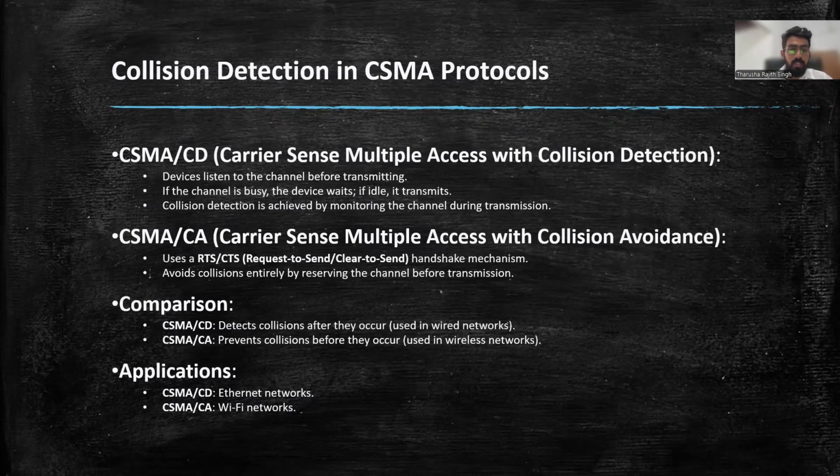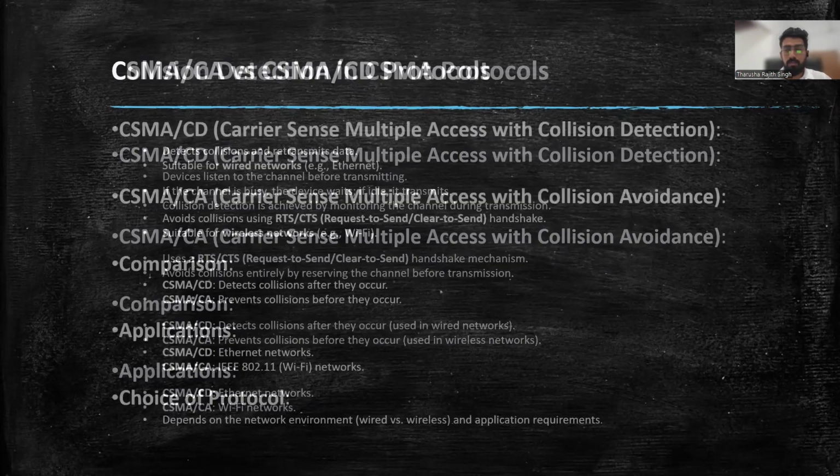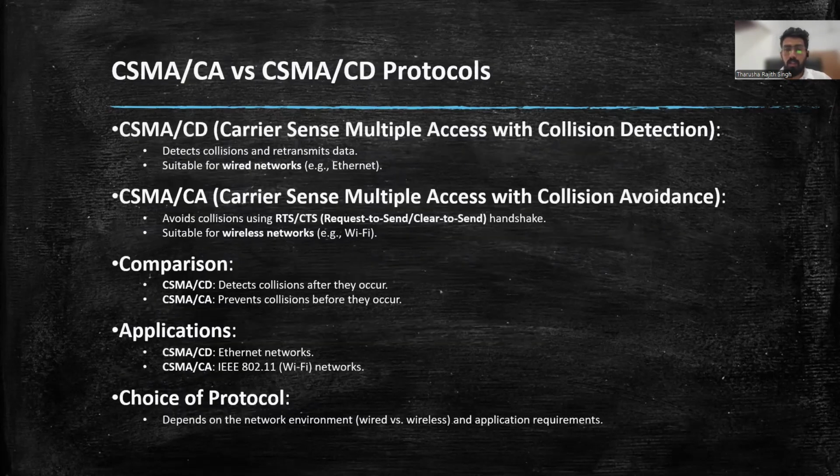But CSMA-CA, that means carrier sense multiple access with collision avoidance, is used in wireless networks, and it avoids collisions by using the RTS and CTS handshake mechanism. So, CSMA-CA versus CSMA-CD protocols.